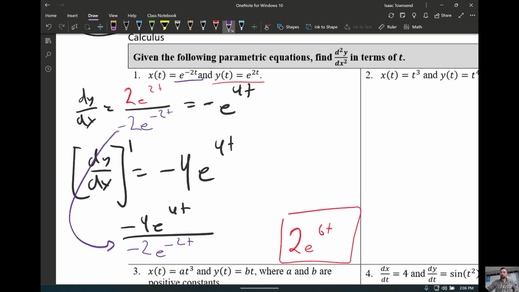So the negative 4 over negative 2 gives us the positive 2. E to the 4t divided by e to the negative 2t. There's a second time. Dividing things with the same base, subtract the exponents. 4t minus negative 2t is like e to the 6t. So that's how that comes out to that.